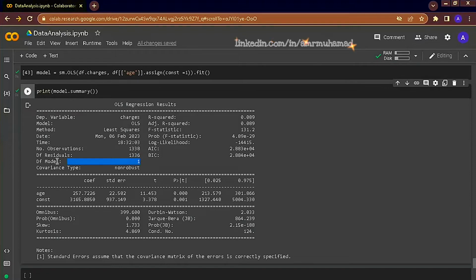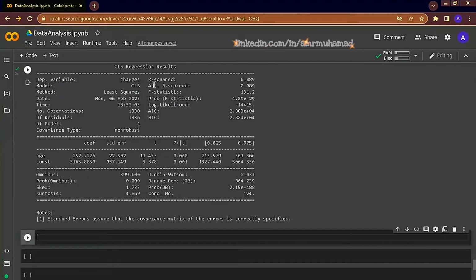And we can here see the degree of freedom model. It's basically the number of actual features that are used to come up with the estimates of the model. So what's the difference between degree of freedom residual and degree of freedom model? Degree of freedom residual accounts for all the parameters in the model, including the intercept, while degree of freedom model just accounts for the features used in the model.